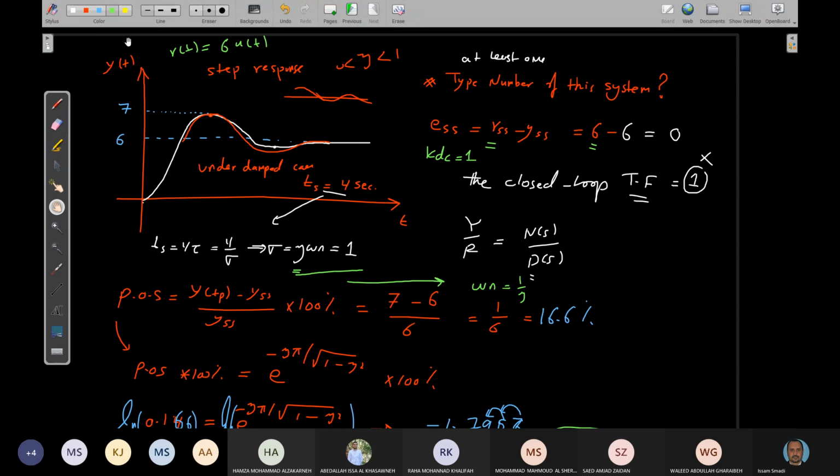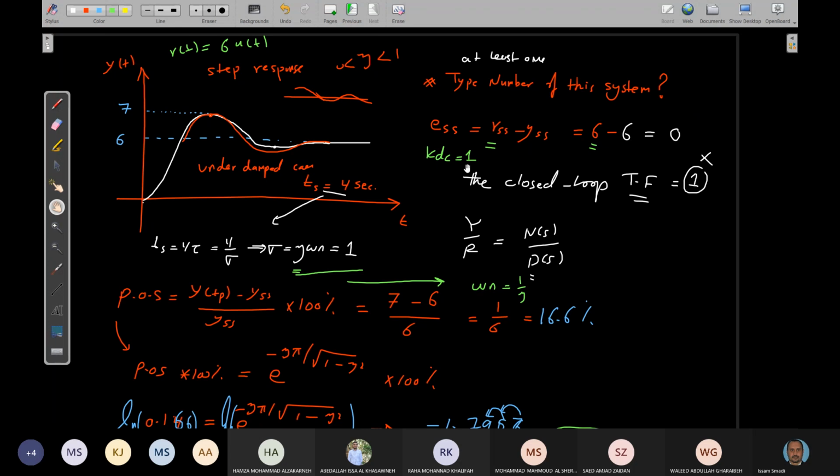The first one, I'm assuming that the input is not a unit step, the input is 6 U of t. If the input is 6 U of t, then this means that this system has a DC gain equal to 1. Why? Because the steady state error due to the step input is equal to 0. If this is correct, then the DC gain is equal to 1.